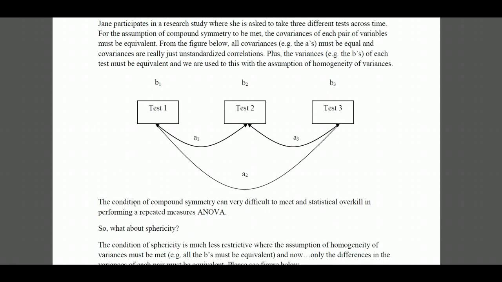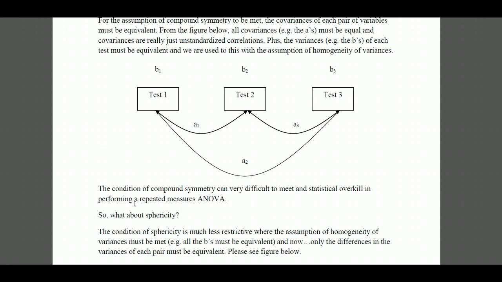Then we go down. We see that this is kind of overkill because it's a very difficult assumption to meet. So to have the HOV met, plus that the covariances between the A sub 1, A sub 2, A sub 3 are all equivalent. The covariances of the unstandardized correlations are equivalent.